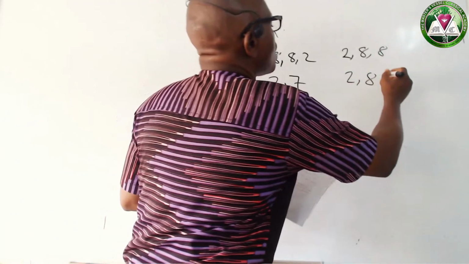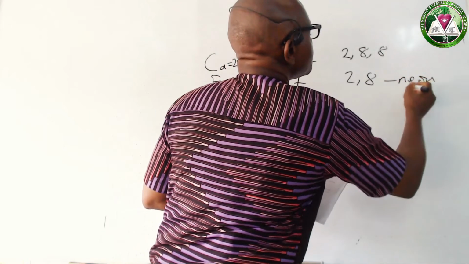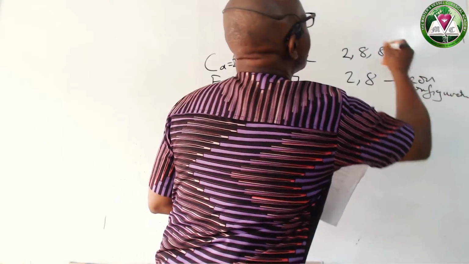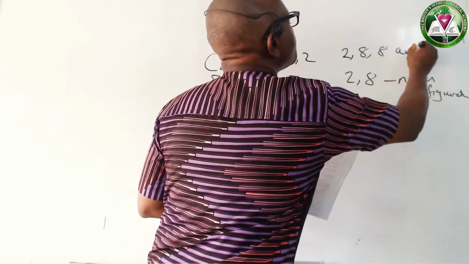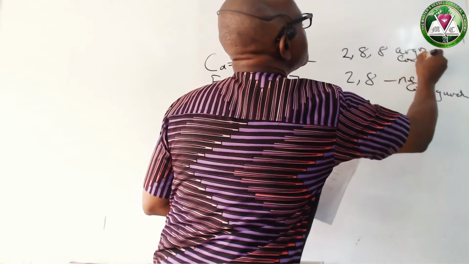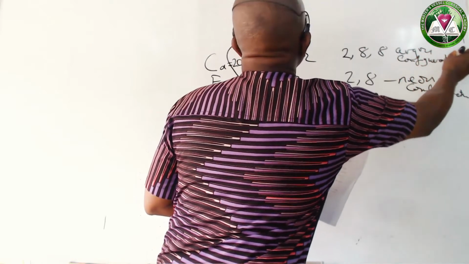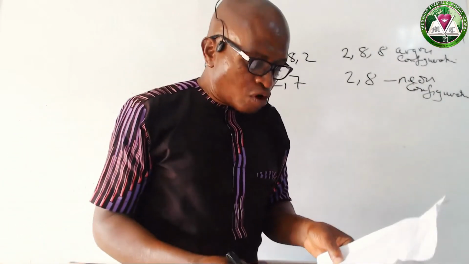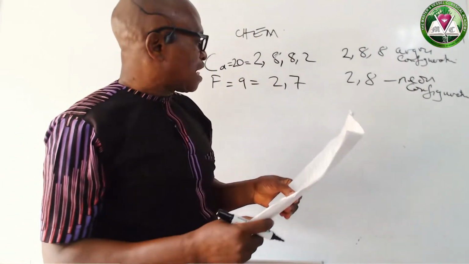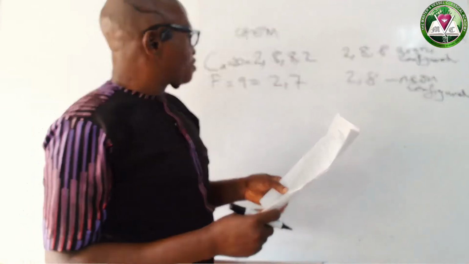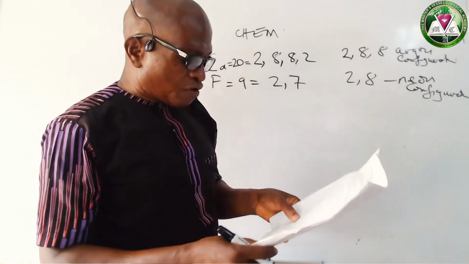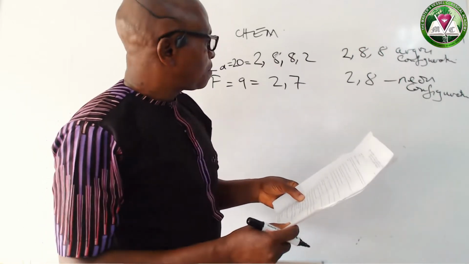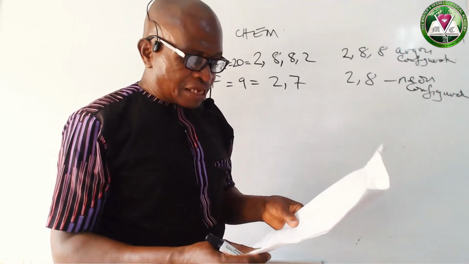This is a neon configuration, while this one is argon configuration. Calcium forms an ion by loss of 2 electrons, while fluorine forms an ion by gain of 1 electron. The calcium will form argon configuration, while the fluorine will form neon configuration.